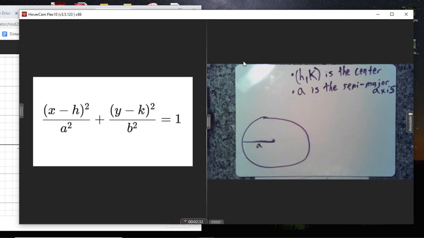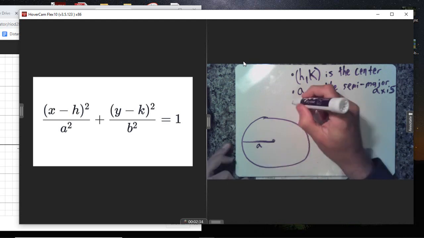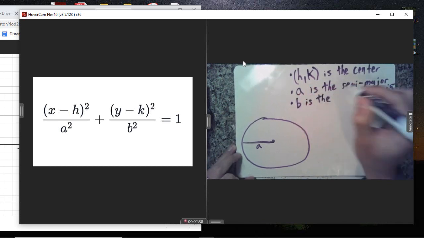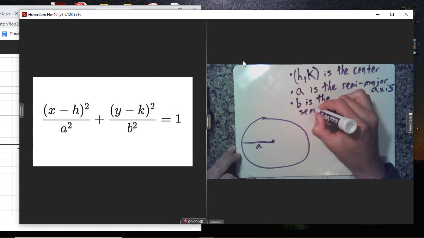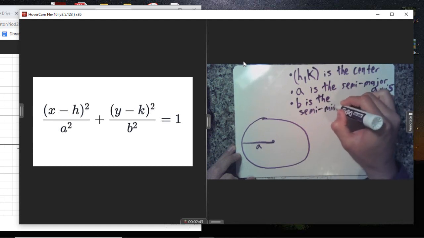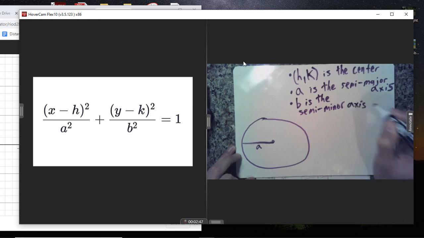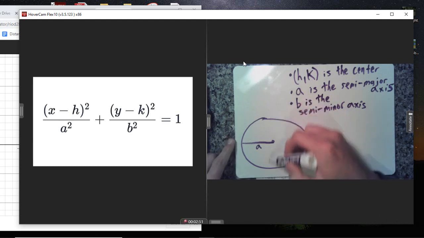Now B is the semi-minor axis. Now the minor axis is just this right here, that entire length.